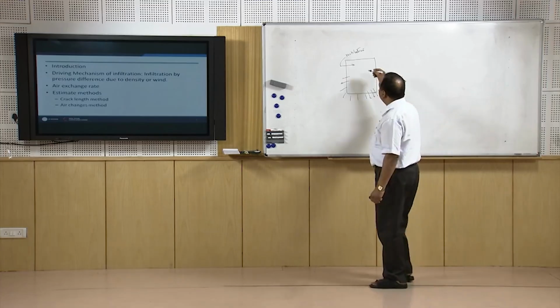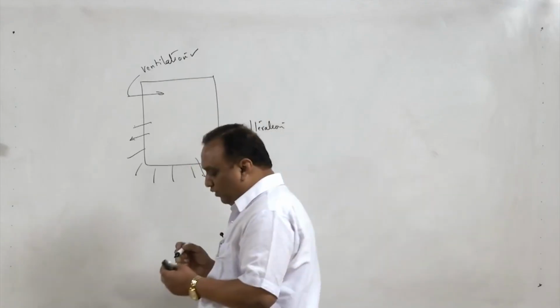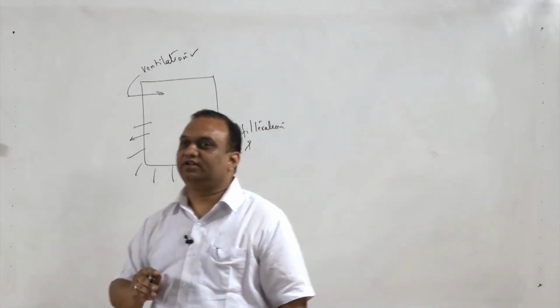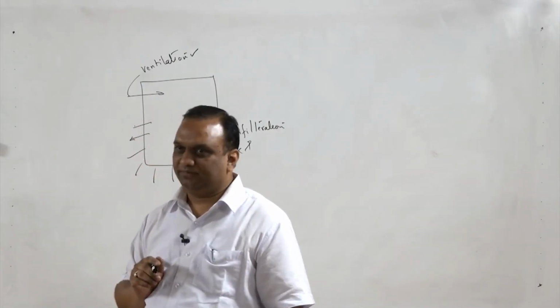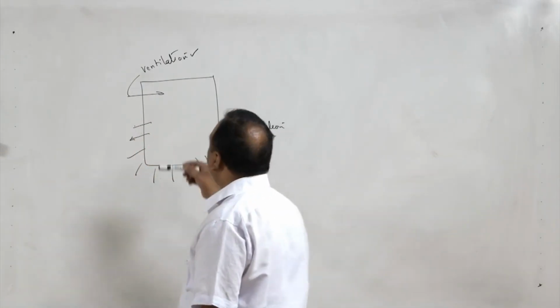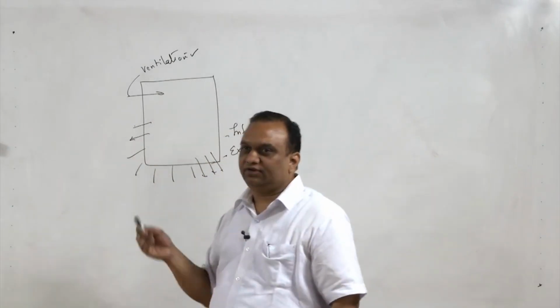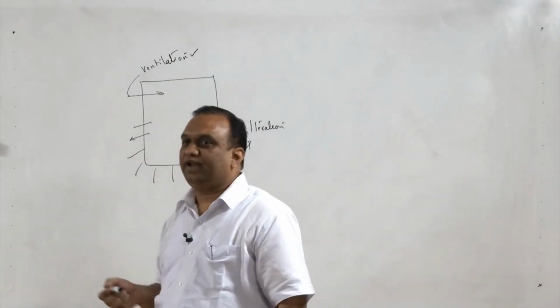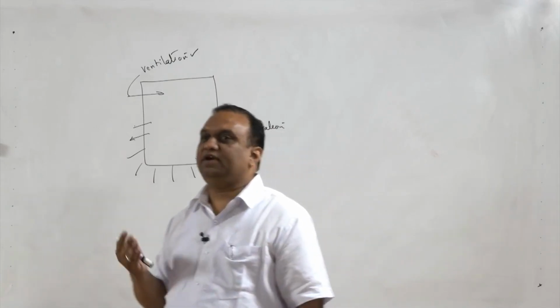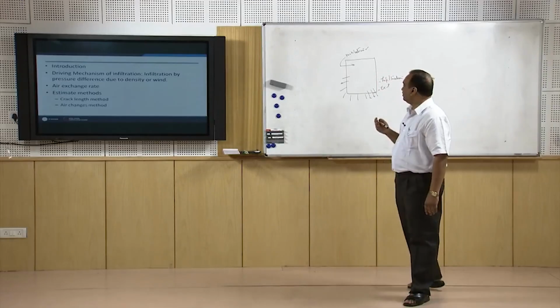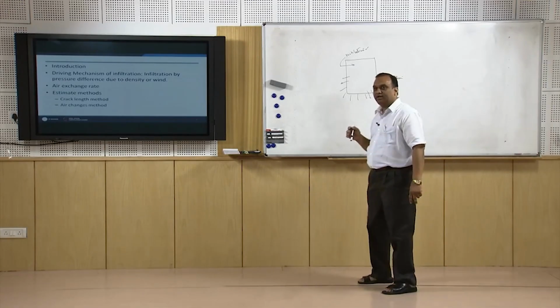Ventilation in the room is essential. Without ventilation, the air conditioning system will fail. It will become simply a cooling system, because through ventilation fresh air enters into the system, and this fresh air maintains the quality of air in the room, or the quality of air which is being circulated in the building.